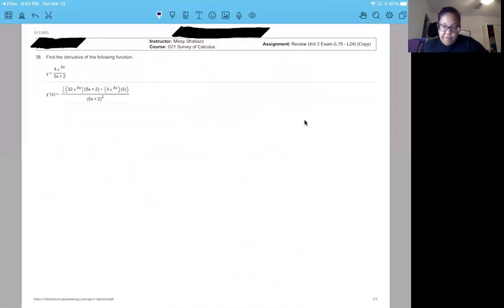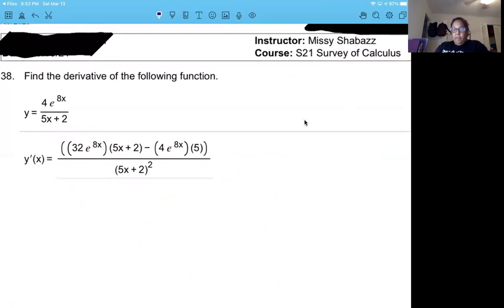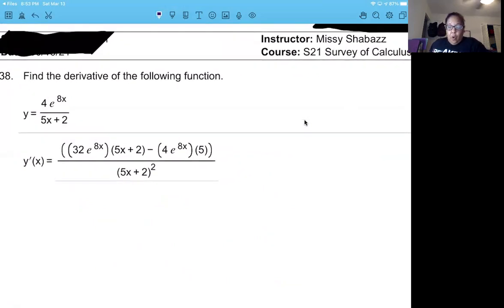Right, next question. Find the derivative of the following function. All right, so we have a fraction. So I'm going to use the quotient rule.